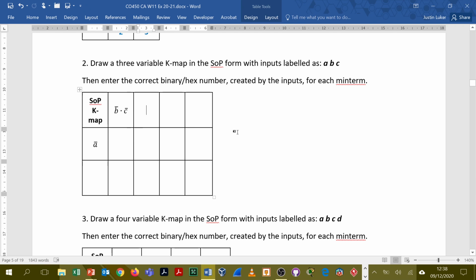Okay, so moving across. So like I say, it goes right, left, right, left. So the right variable is the one we're going to change.